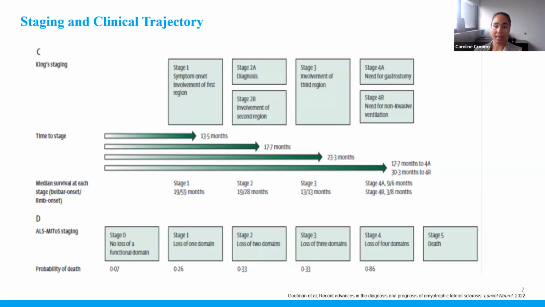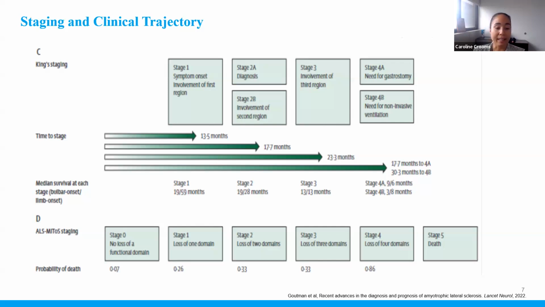And then jumping ahead to stage 4, we're talking about a need for gastrostomy, which I'll talk about later, and a need for non-invasive ventilation. And then if you look just under the arrows, it also shows the median survival at each stage. So not terribly long.